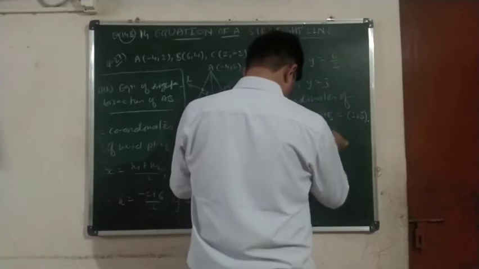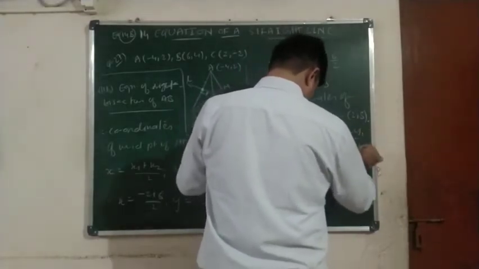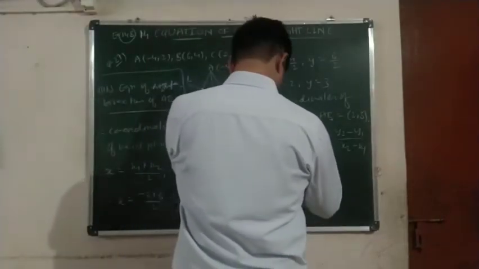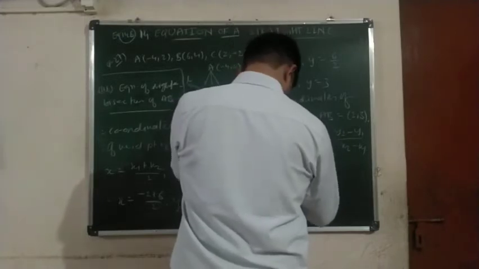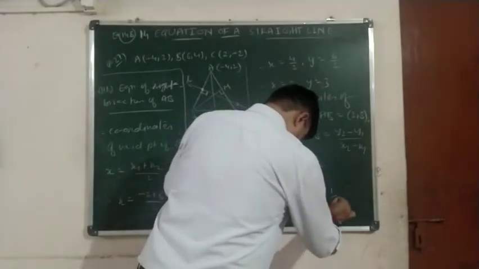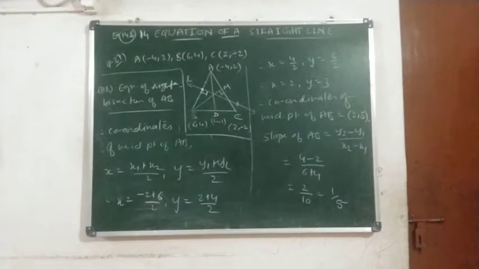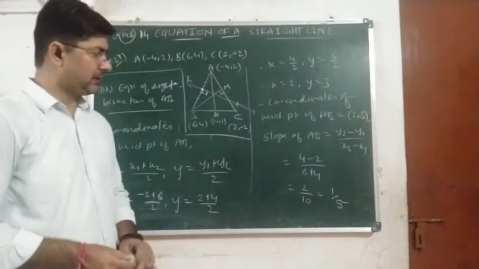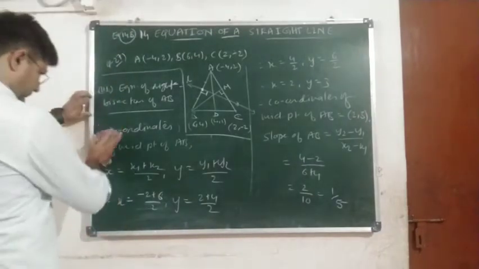Slope of AB is y2 minus y1 upon x2 minus x1, which is 4 minus 2 upon 6 plus 4, 2 by 10, equal to 1 by 5. So we got the slope of AB. Now slope of right bisector of AB will be the negative reciprocal of slope of AB. Yes or no?